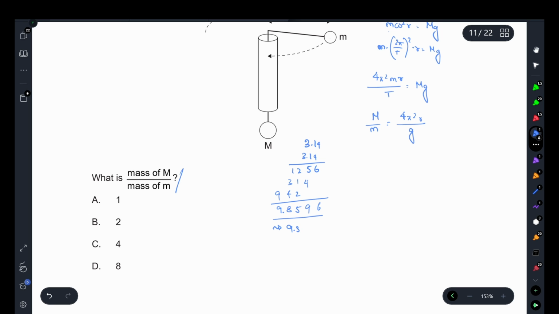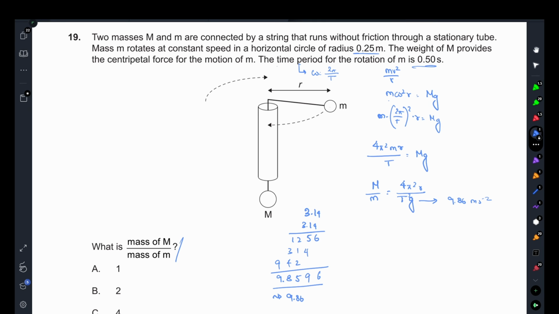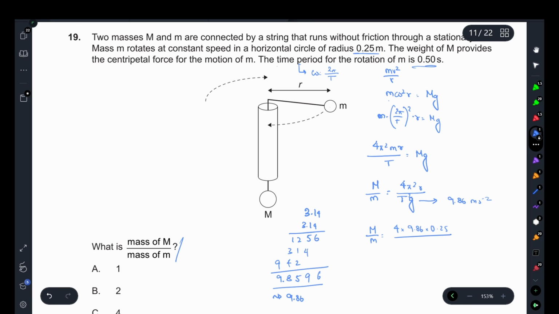Can you round this up to 9.86? That looks kind of familiar, doesn't it? The value of g over here is 9.86 meters per second squared. So this means that M by m is equal to 4 times 9.86 times 0.25. T squared is 0.25 because 0.5 whole squared is 0.25.